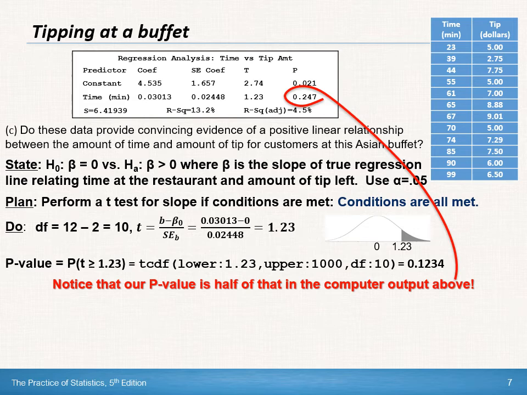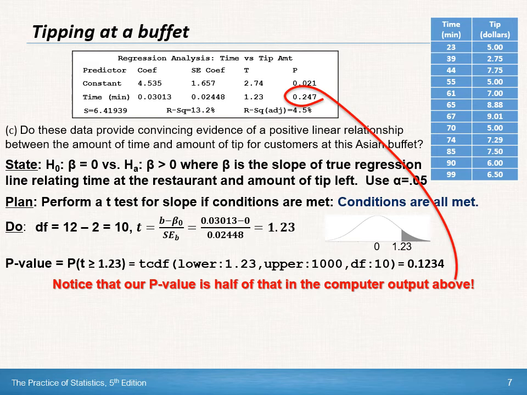That's because the Minitab printout by default always gives us the resulting p-value assuming we're doing a two-sided test. So our test is one-sided, so our p-value will always be 1/2 of what the Minitab printout gives.